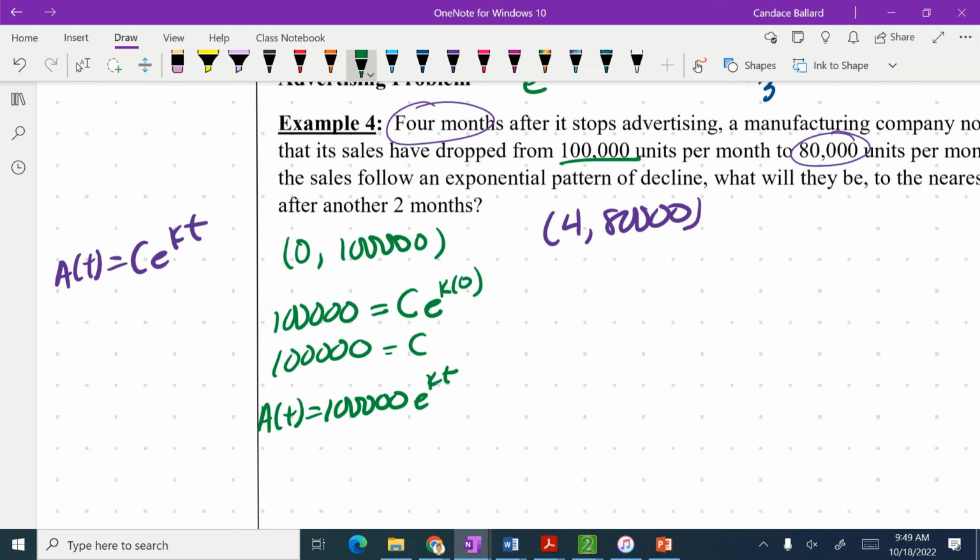So I'm going to take that new equation and use it over here and try to solve for K. What am I putting in for my amount or my total? 80,000. Good. Equals the 100,000 from before, E to the K, what's my time? 4. Good.